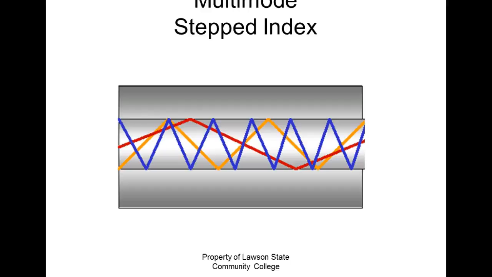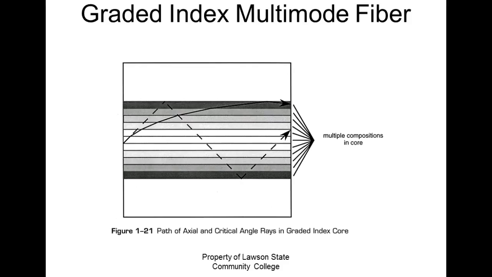Now what they do on graded index is they do this. This is made out of the cladding. Then 1, 2, 3, 4, 5, 6, 7, 8, 9 layers of glass that have different indexes of refraction.